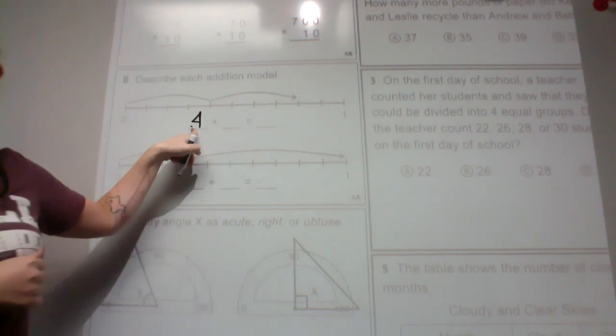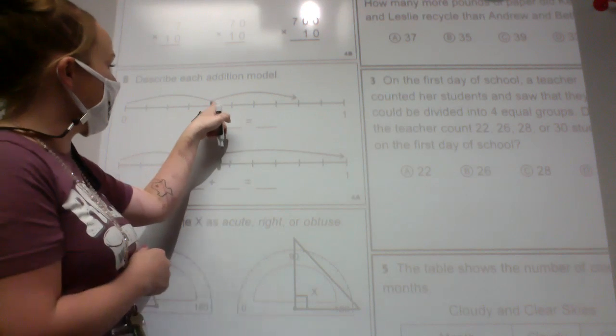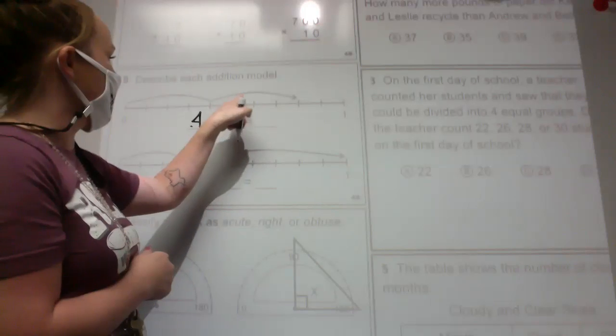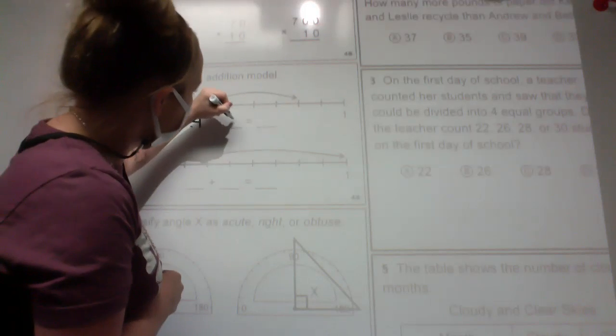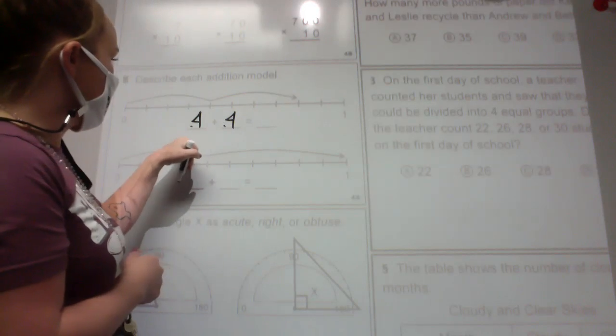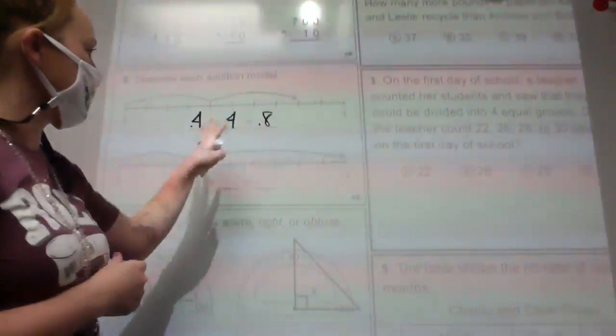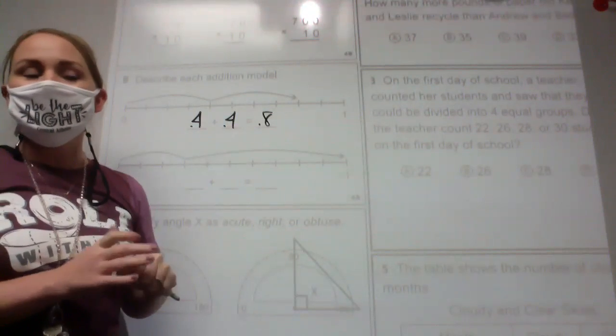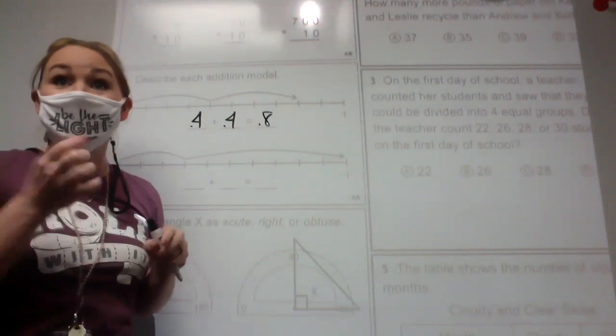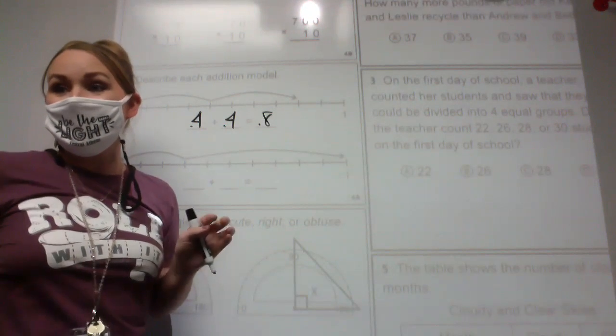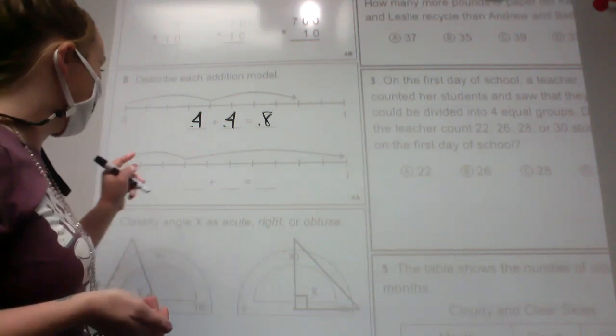So all you gotta do is throw that decimal right there. Then I count how much further the second jump goes, and that's 1, 2, 3, 4 tenths. 4/10 plus 4/10 equals what? 8/10. Yeah, so it's easy as that, okay? So a lot of you guys were just missing your decimal points, but if you don't have that, it changes the value a lot, so make sure that you have those.